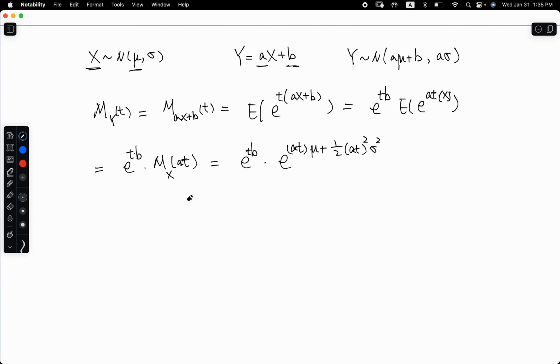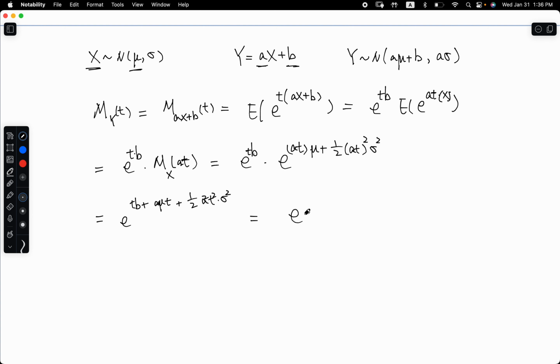And we need to simplify it to recognize the form of the moment generating function. So e to the t multiplied by b, plus, since the product of exponentials is the exponential of the sum, we also have a mu multiplied by t plus 1/2 a squared t squared sigma squared.